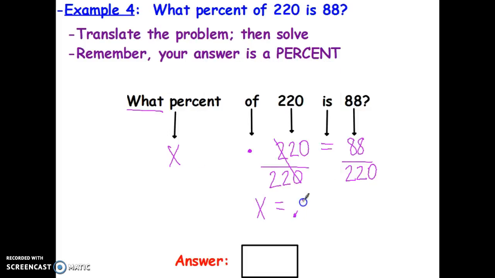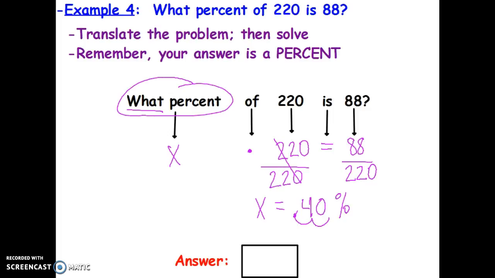But if we remember, we're not looking for a decimal, we're looking for what percent. To go from a decimal to a percent, we do the opposite. We move the decimal point 2 places to the right, and we fill any gaps with a 0. So 88 is 40% of 220.